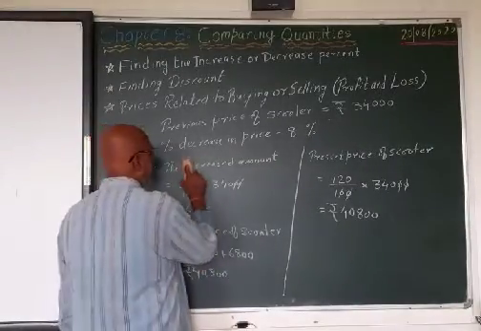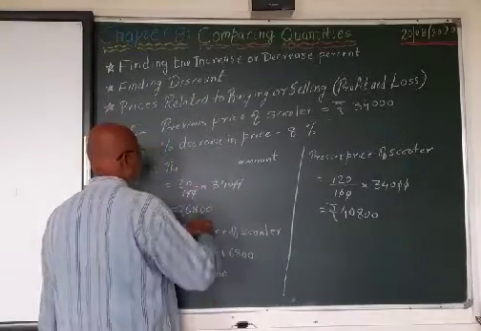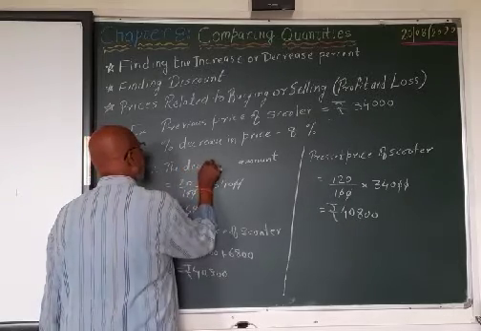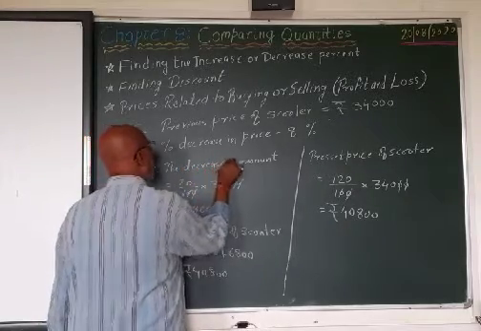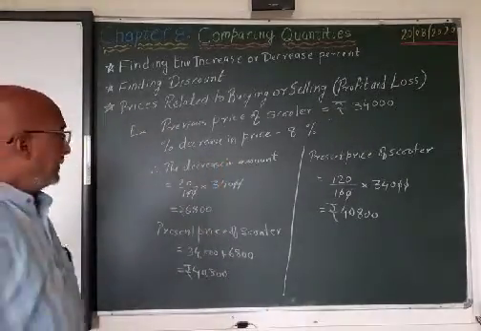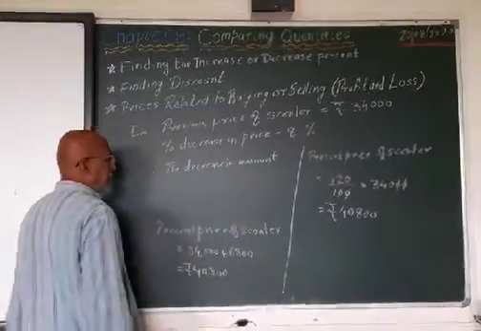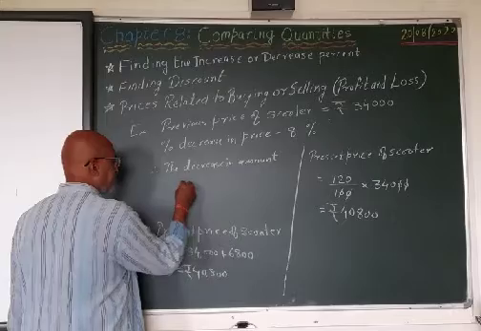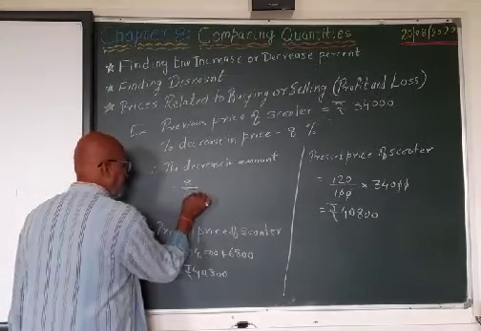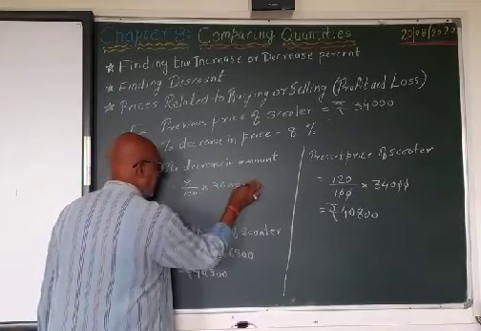First we will calculate the decrease in amount. What will be the decrease in amount? That is 8% of 34,000.